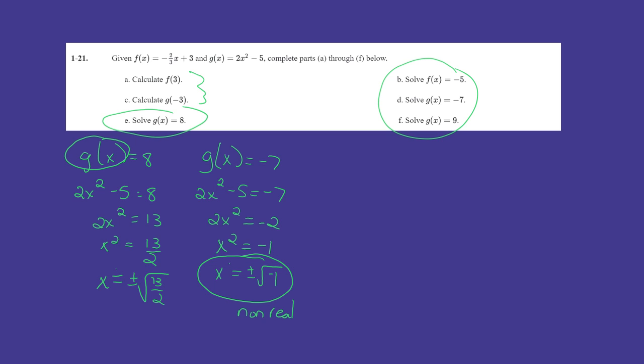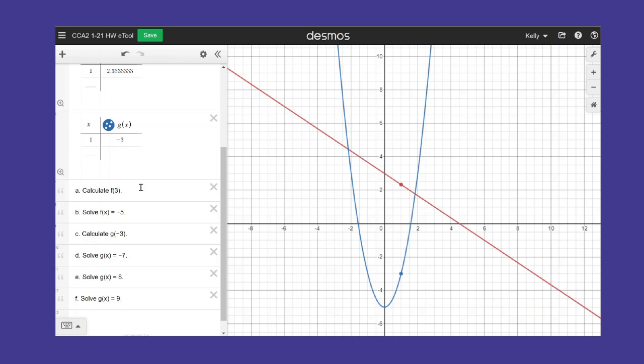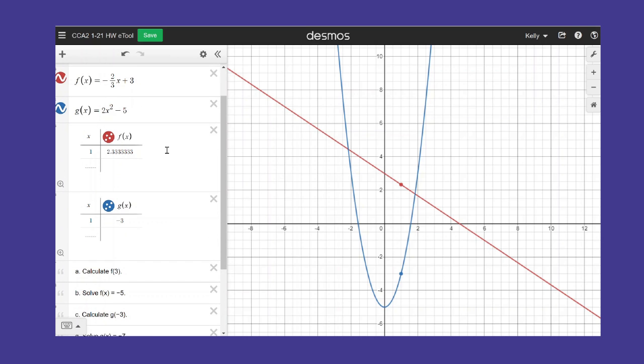Okay, so let's go to the Desmos activity so we can finish the rest. So here you have both functions graphed on the same graph. Just so you can see, the red line is your f of x function, and the blue parabola is your g of x function.